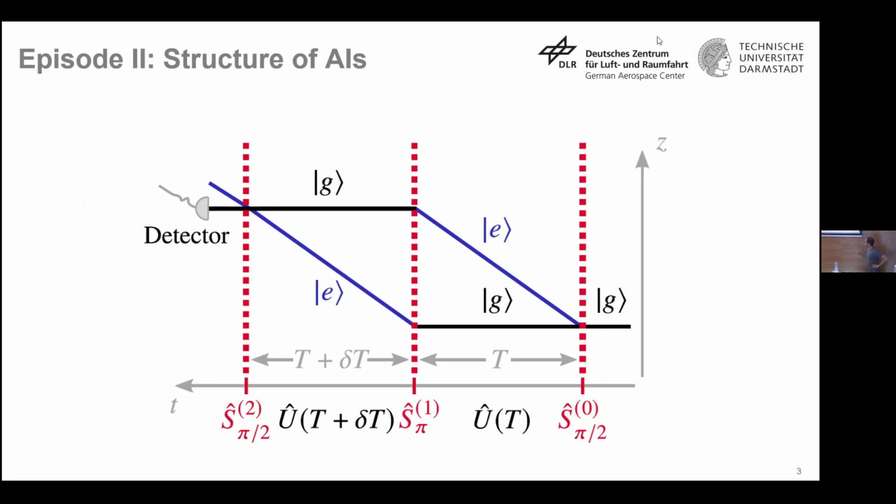So we have the first beam splitter followed by a time evolution. Because time evolutions are written as operators, you always have to multiply them from the left. That's why the time axis is going to the left: pi-half beam splitter, time evolution of the whole thing, mirror, time evolution of the whole thing.